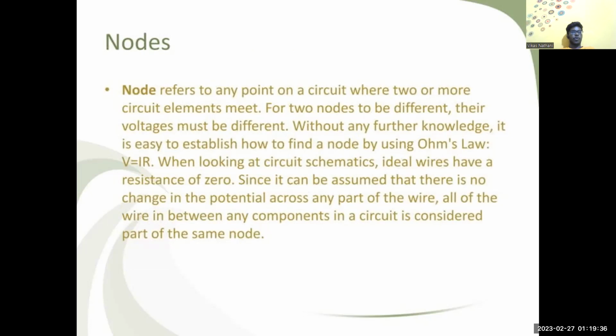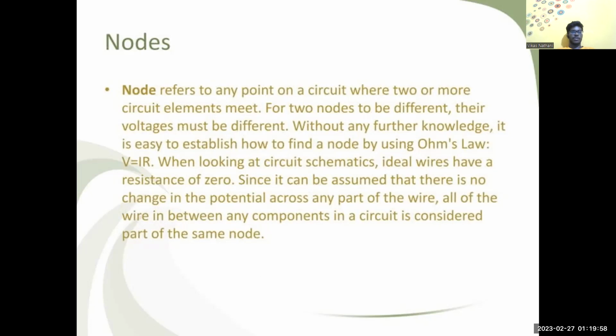A node refers to any point on a circuit where two or more circuit elements meet. For two nodes to be different, their voltages must be different. Without any further knowledge, it is easy to establish how to find a node by using Ohm's law, V equals IR.